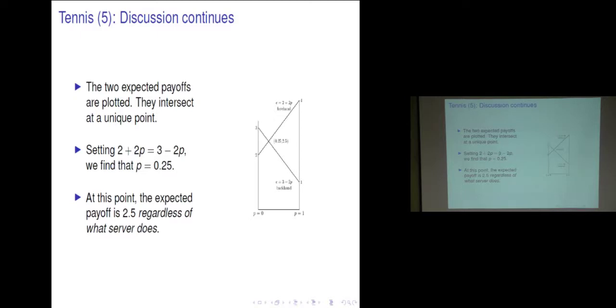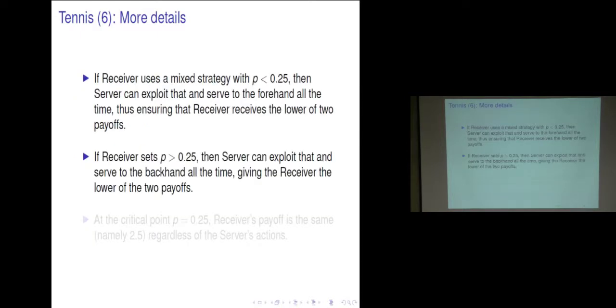Now, if player 1 chooses a probability somewhere here, for example, the extreme case where he always plays this, again player 2 will notice this and serve backhand, so that the payoff for player 1 is worse, right? So we are here.